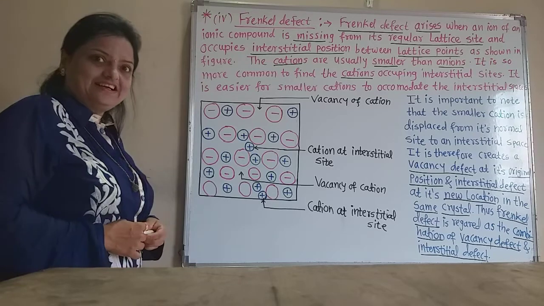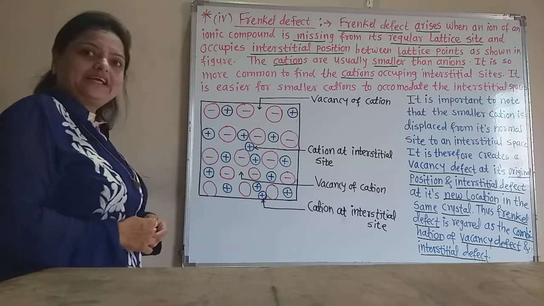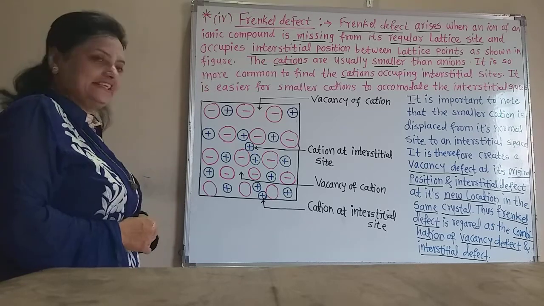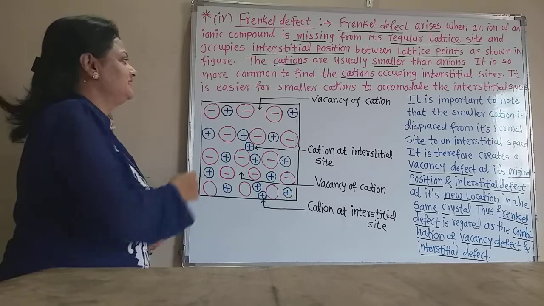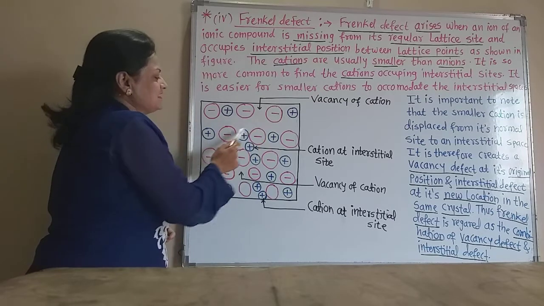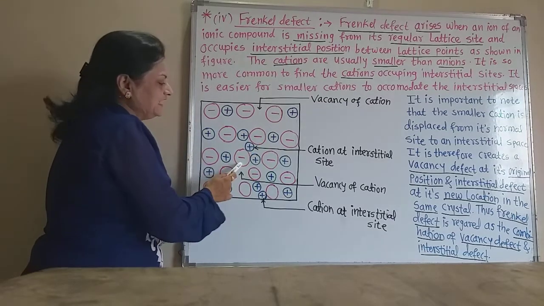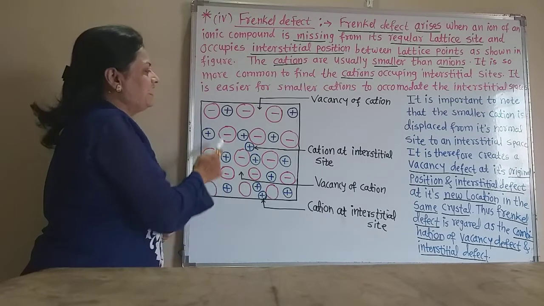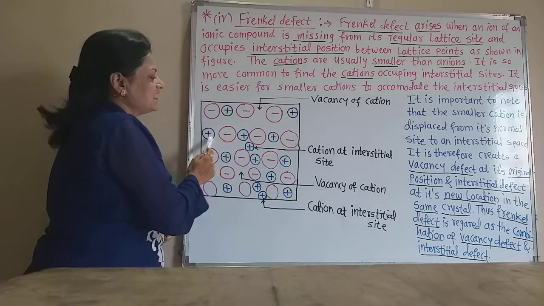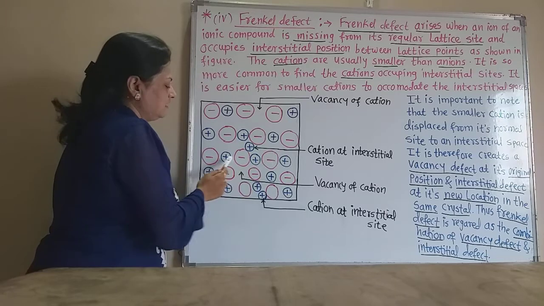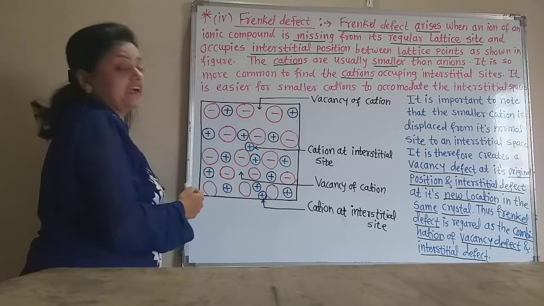This is the figure of the ionic lattice or crystal lattice. The red colored ions are the anions, the negatively charged ions, and the blue colored ions are the cations, the positively charged ions.